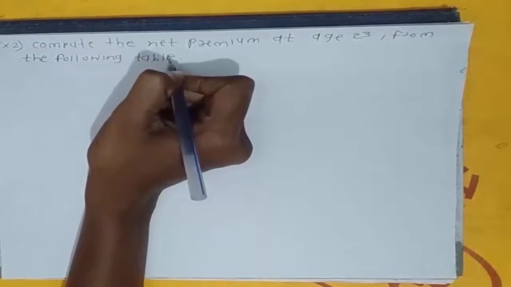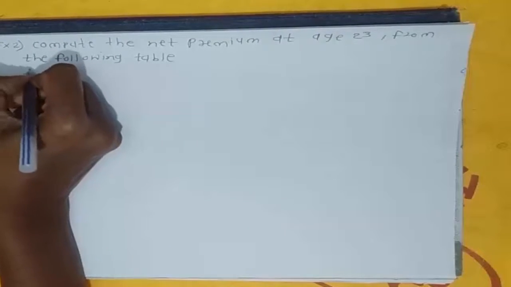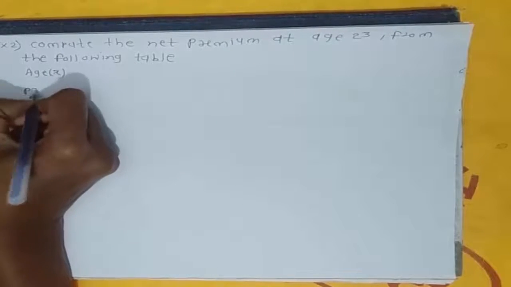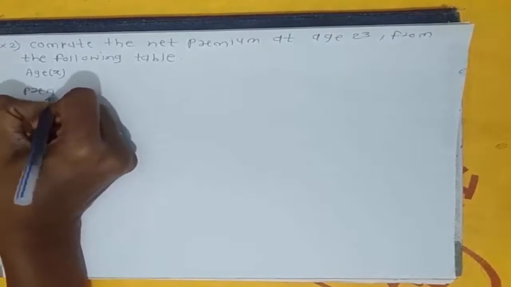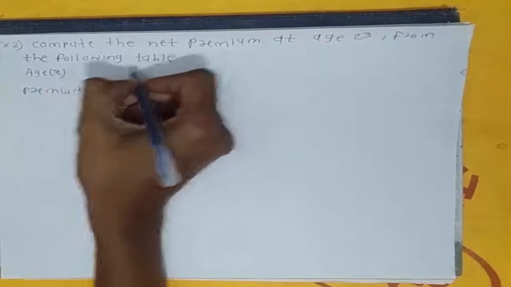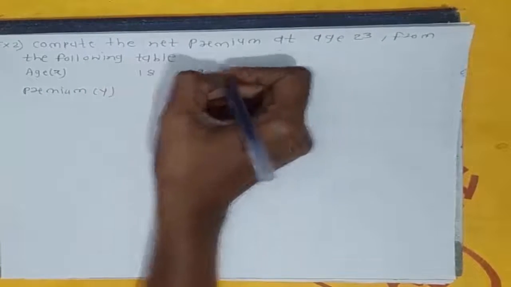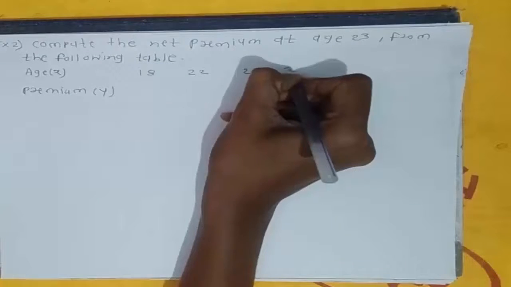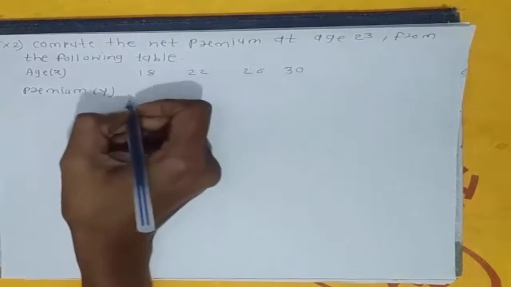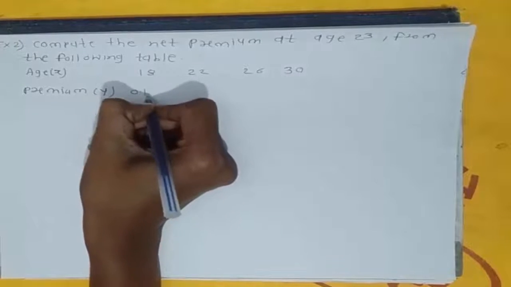Okay, so here the data is given, that is age, we consider it as x, and net premium will be y. Okay, so age is given as 18, 22, 26 and 30.